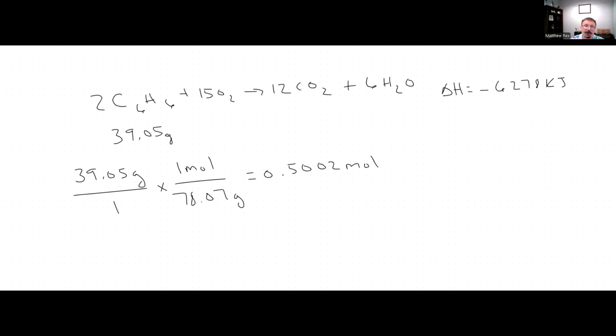So we know how many moles of that C6H6 we have. Now we need to use the overall balanced equation and how much heat it evolves and relate the ratio. So what this reaction is telling us is for every 2 moles of that C6H6 we combust, we're going to get that much energy.